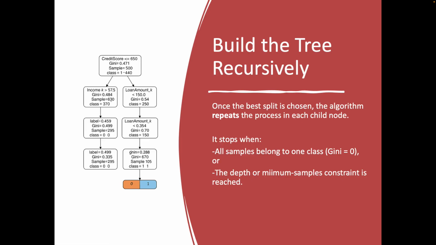So based on loan amount and credit score, you can come down to a closer decision. But this 1-1 class means it's still mixed data, but the majority of it is approved on the right side.